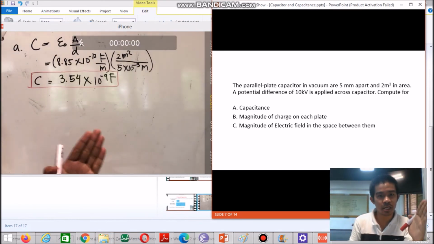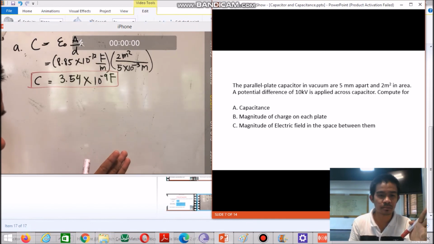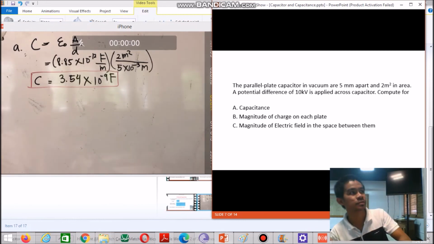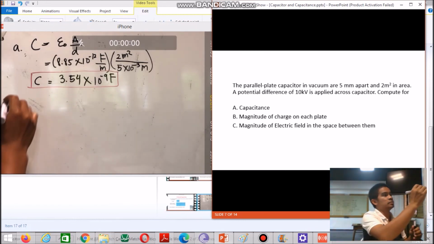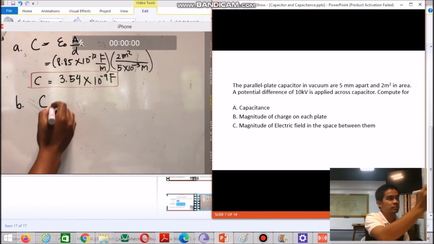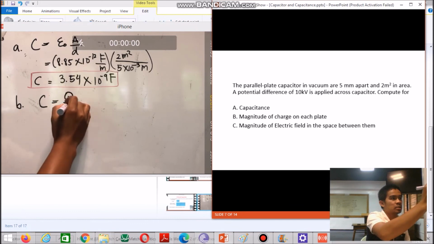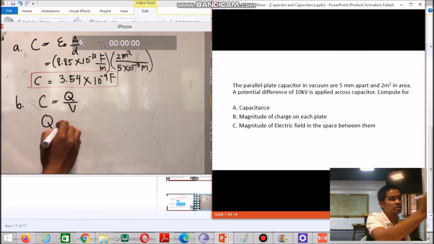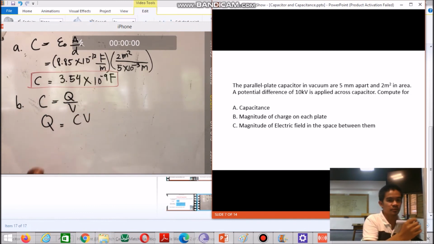If one plate has 10 coulombs, the other plate must have negative 10 coulombs of charge. So B, the magnitude of charge. The definition of capacitance is the ratio of charge per voltage across the two plates. Then charge is the capacitance times the voltage.